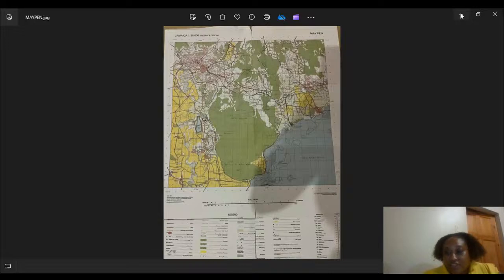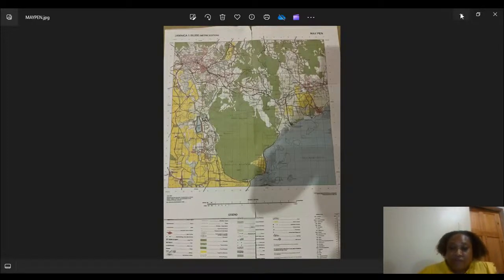So natural vegetation will be your forests, mangrove vegetation, right? You have trees and scrub. You also have natural vegetation like savannas and woodlands. All of those are natural vegetation.